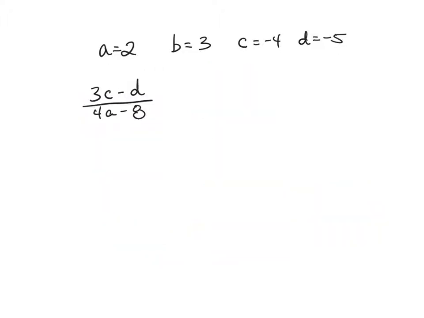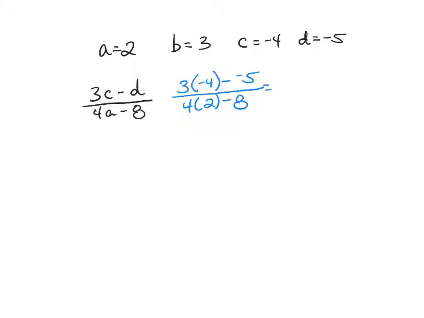Here are 2 more examples to review some concepts that we have talked about. 3c subtract d, divided by 4a subtract 8. I'm going to put in the information that I have here. 3c, so it's 3 times negative 4, subtract d, and d is equal to negative 5, all over 4 times 2, subtract 8.